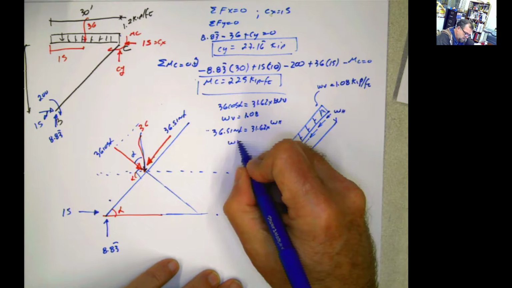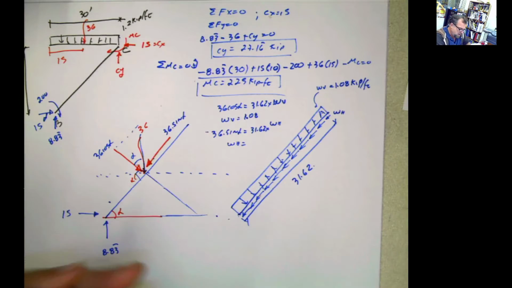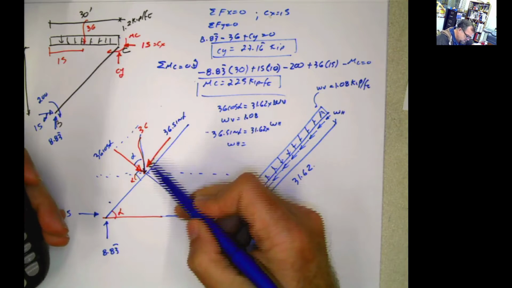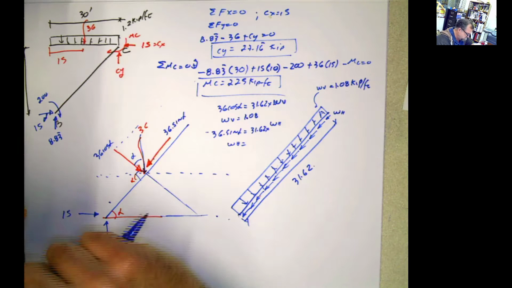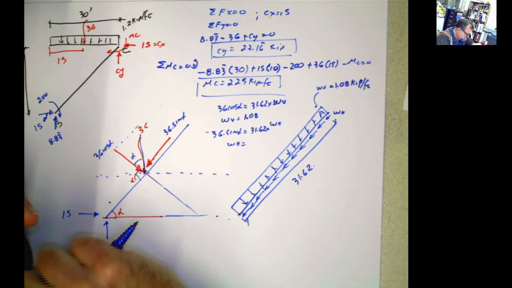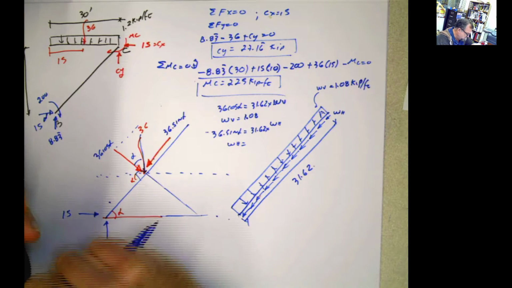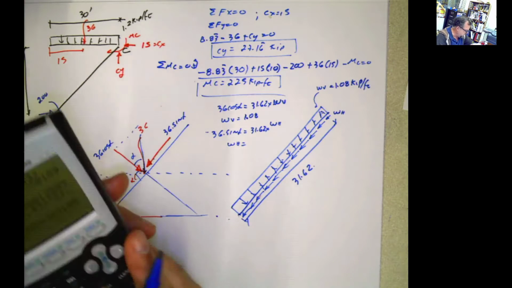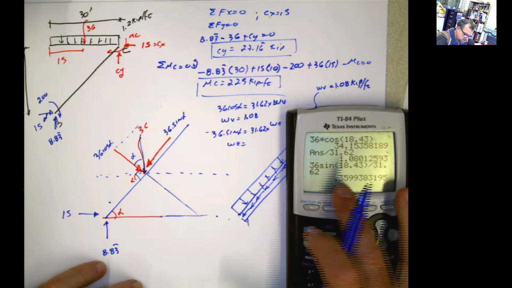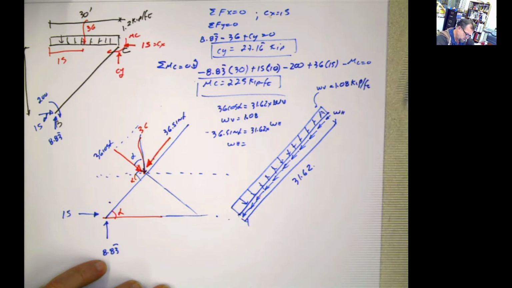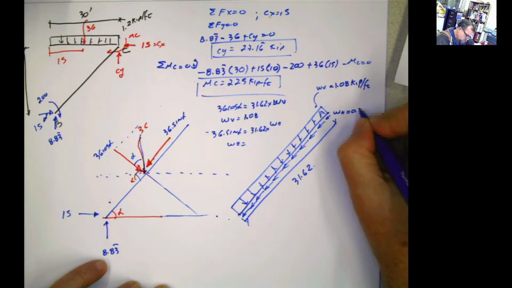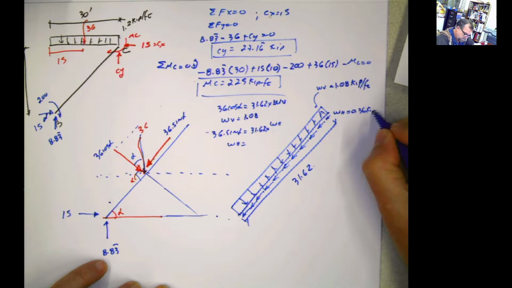So that value is going to be, in other words, you get this and divide it by the length. That's it. Divided by 31.62. That's going to be 0.36 kip per foot.